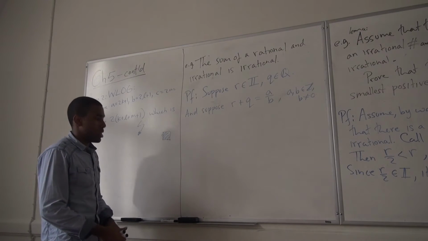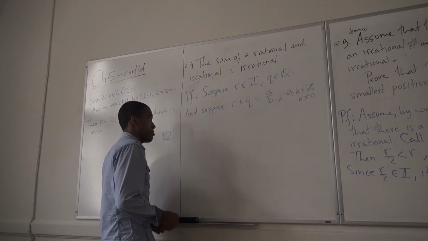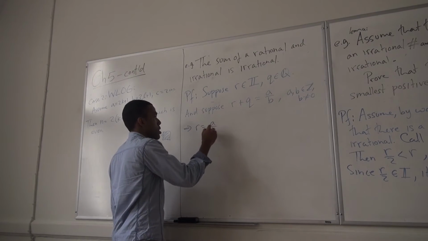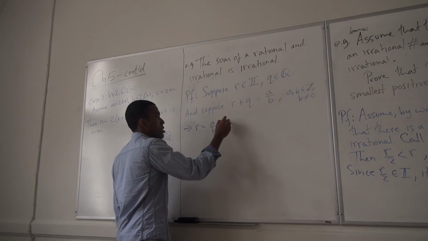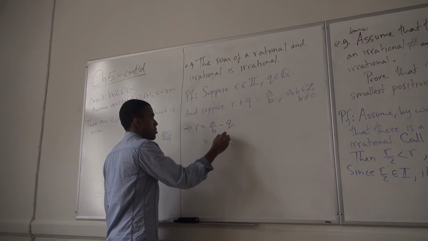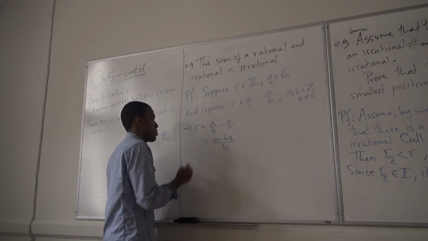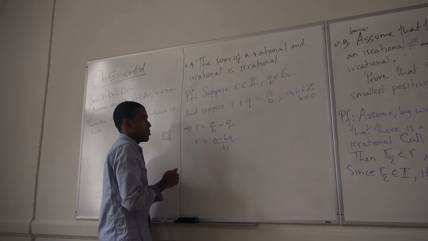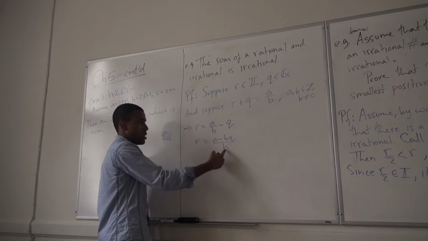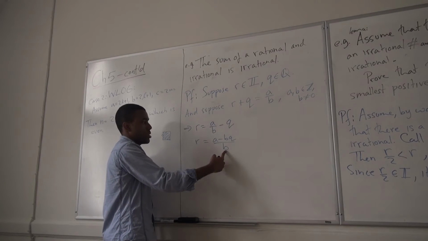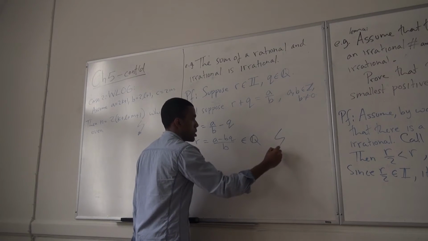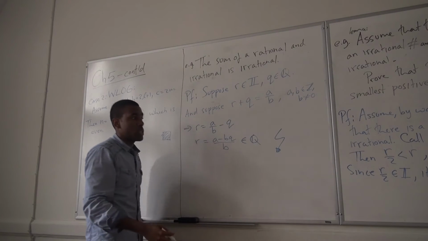What would I be able to say? So subtract Q from both sides. Alright, so R would be A over B minus Q. And since you're just using addition, subtraction, and multiplication, A minus BQ is an integer. Right, this is an integer, and B is a non-zero integer, so we get this, which is a contradiction, because I assumed R was irrational.